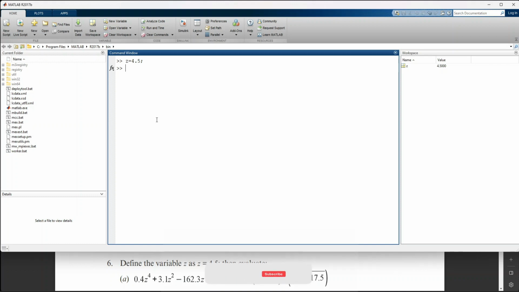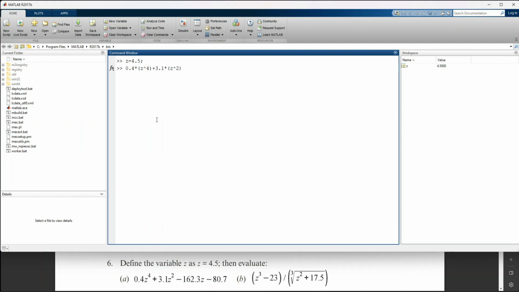Similarly, 0.4 into z power 4, so z power 4, and bracket, into z power 4. Now let's solve 2 plus 3.1 into z square, again z square, and close the bracket.